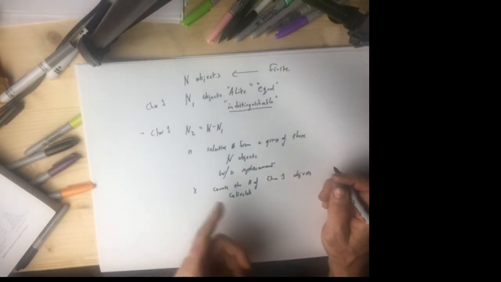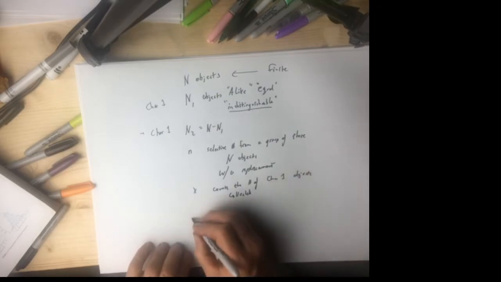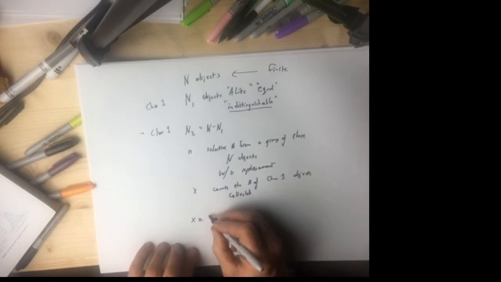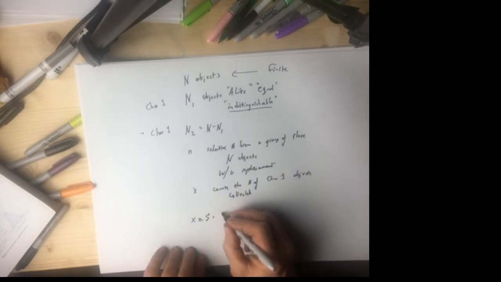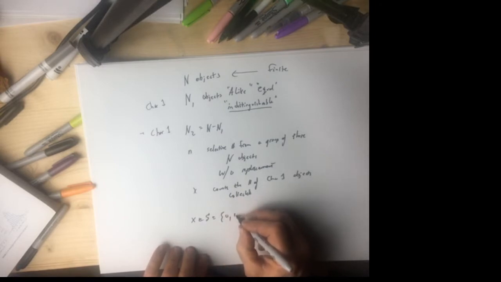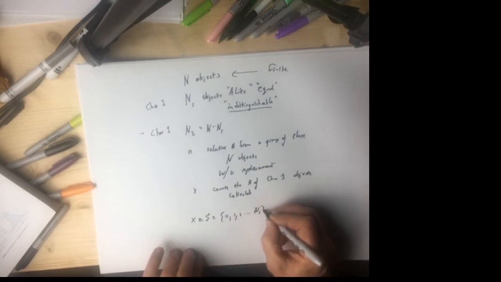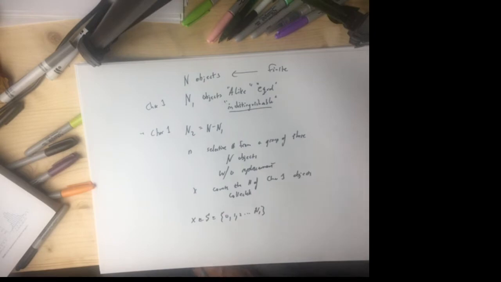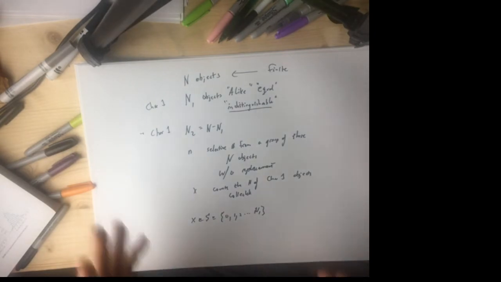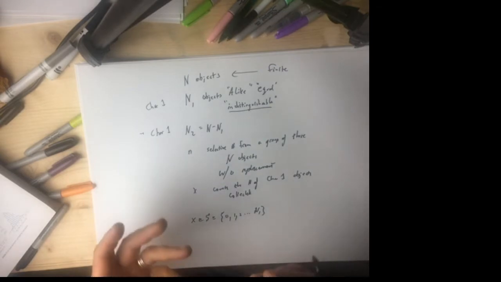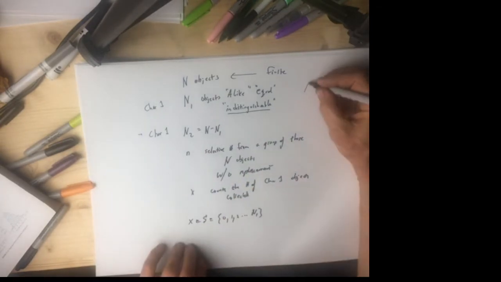Well, that clearly makes x bounded by n1 and down to 0, so x is from the support of 0, 1, 2, up to n1. There we go. Now, what makes the hypergeometric interesting is it is asymmetric.